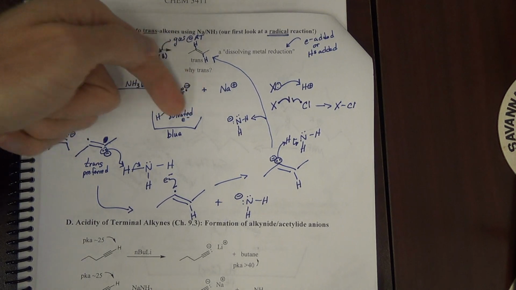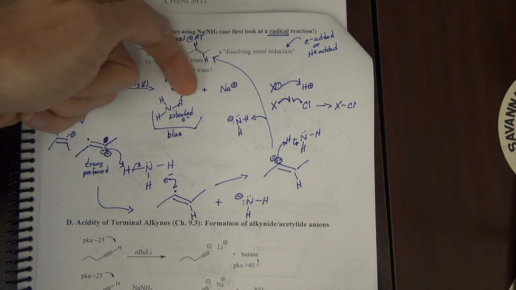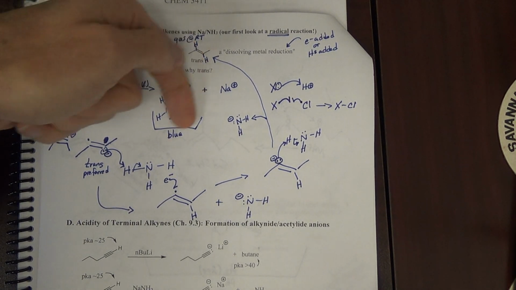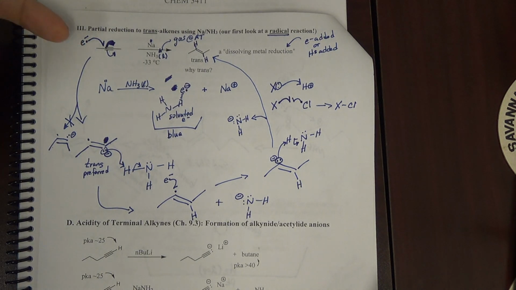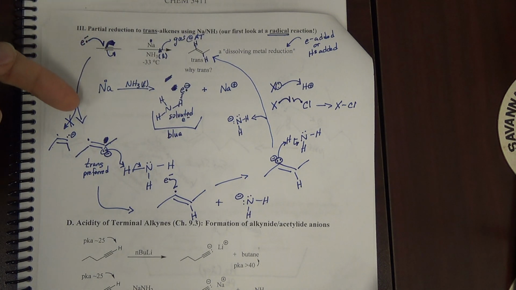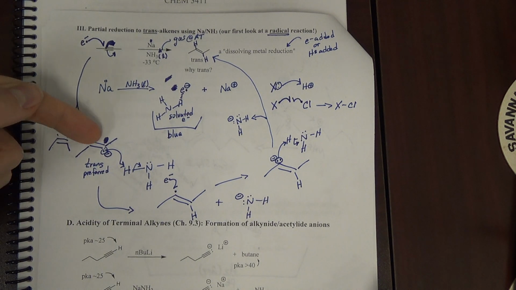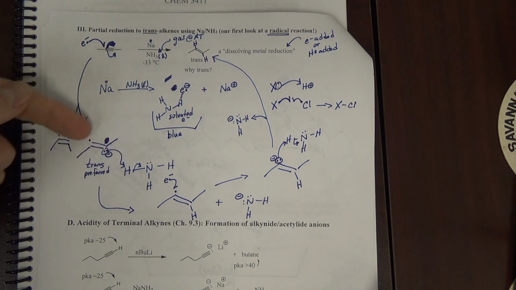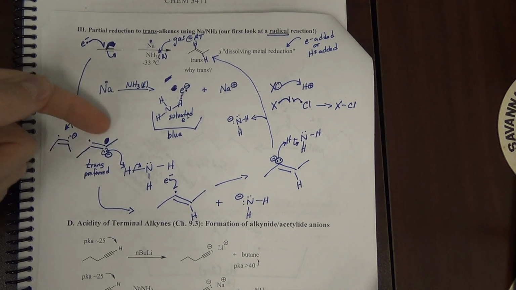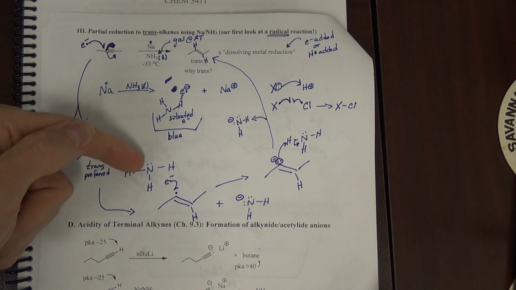We generated radicals, you could say, free electrons, solvated electrons, very peculiar, but then electrons start pumping in here. The alkyne, or the resulting alkene, is an anion. It takes an H from ammonia.